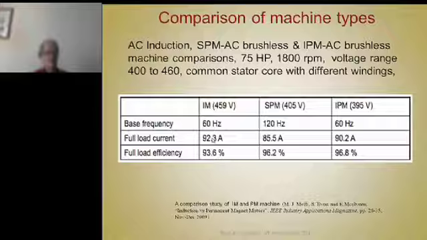The current's higher, of course, for the induction machine, because with these two machines the current's lower because the magnetizing comes from the magnets. Now it's interesting, the IPM requires higher current than the surface machine does. The one thing they should have put on here, maybe, I'm pretty sure this was a copper rotor.